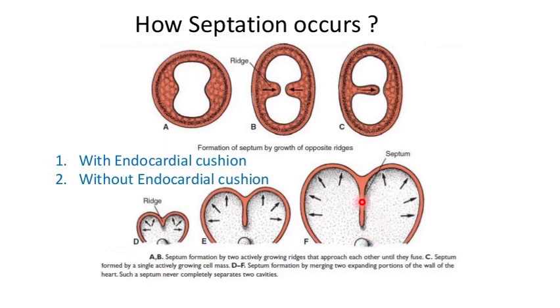So whenever there is a septum formation without endocardial cushion formation, the cavity is always incompletely divided and has to be completely divided by other sources. That's what we will see in the interventricular septum formation.